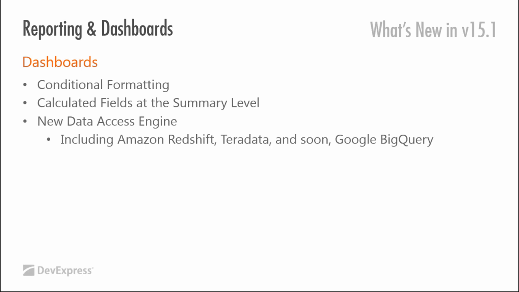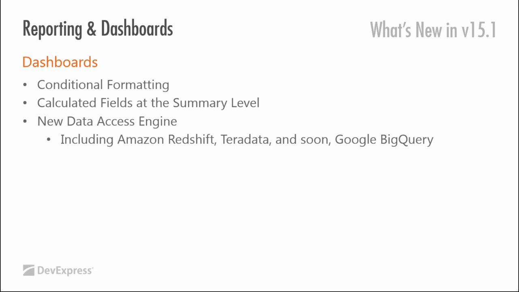Then we have calculated fields at the summary level, and that's something that people have been asking for a little while, and I'll be showing you that too. And then we have a brand new data access engine. In fact, this data access engine is being applied across reporting and dashboards.